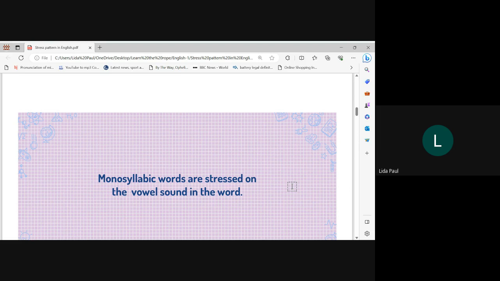There is a debate over this, but whichever side we take, we just need to understand that in the case of monosyllabic words, stress, if it exists, is always on the vowel sound of the syllable present in that word. So monosyllabic words are stressed on the vowel sound in the word. Okay, this doesn't create much confusion.